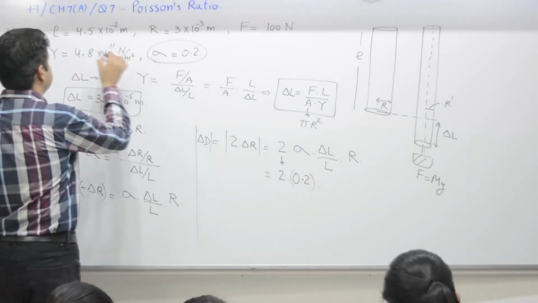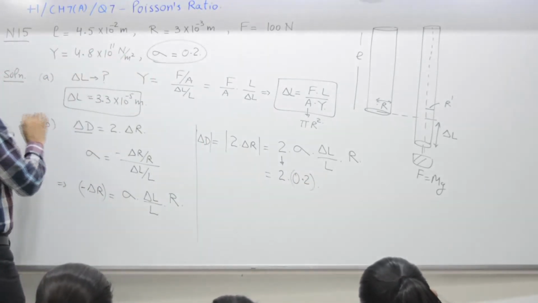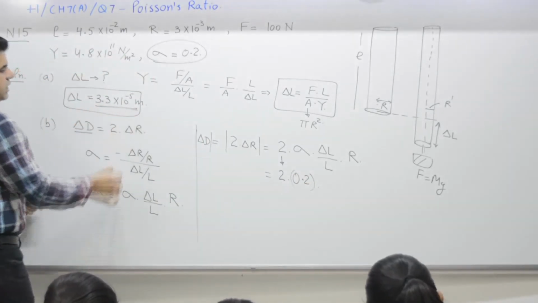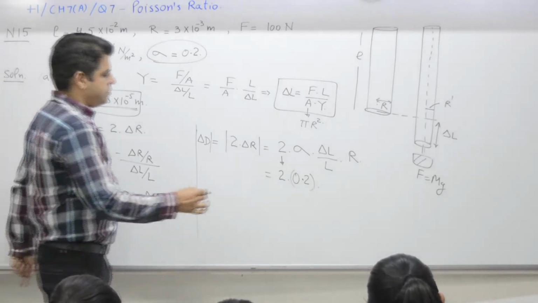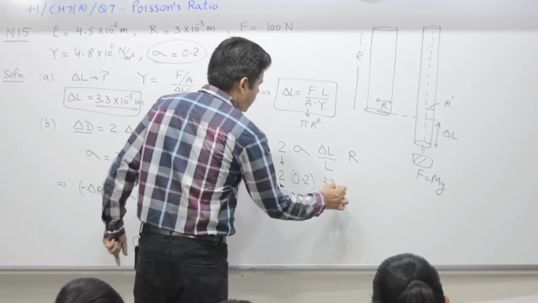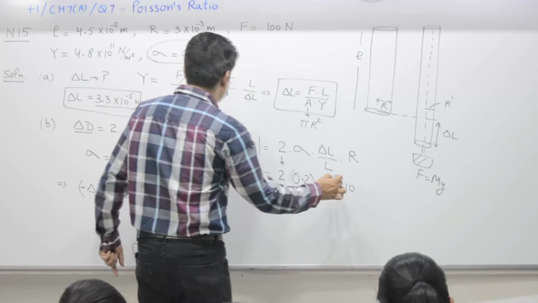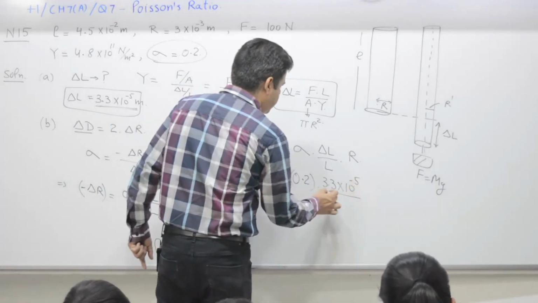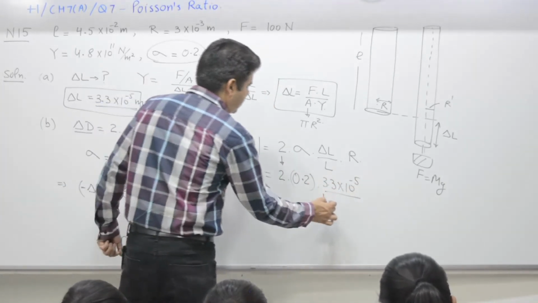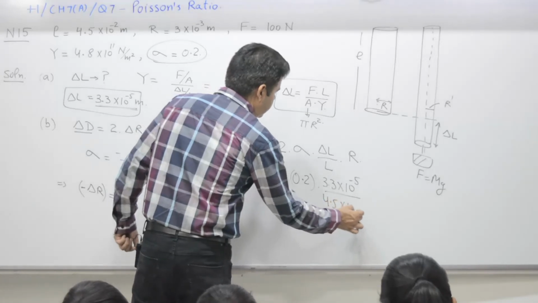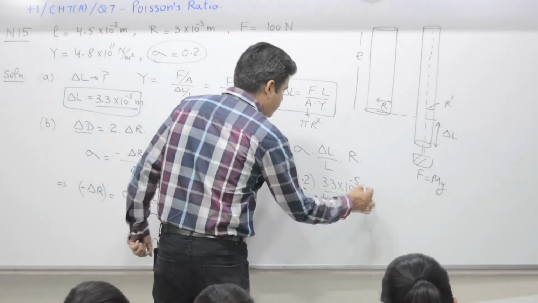Delta L, yes, previous part A, 3.3 into 10 raised to the power minus 5. Original length 4.5 into 10 raised to the power minus 2.